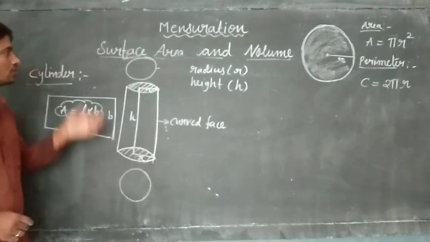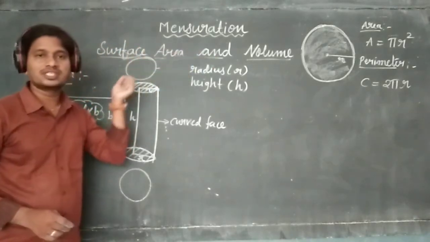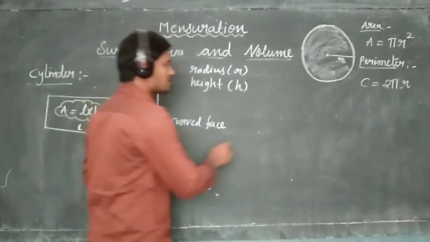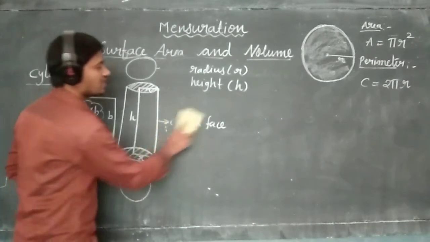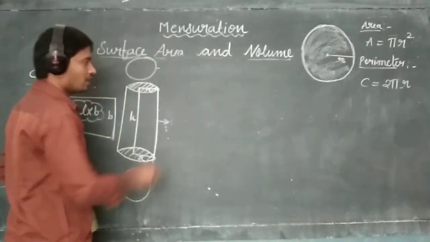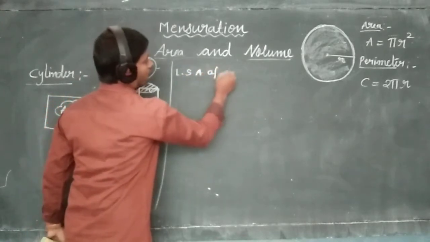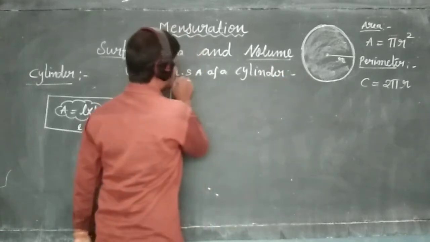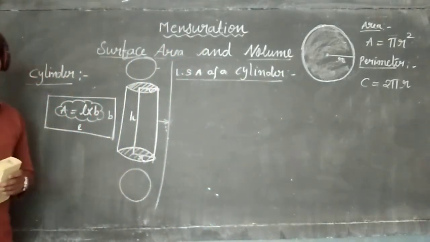Now let us find out the surface area and volume of a cylinder. We have two areas. The first one is LSA, lateral surface area. Let me find the lateral surface area of a cylinder.